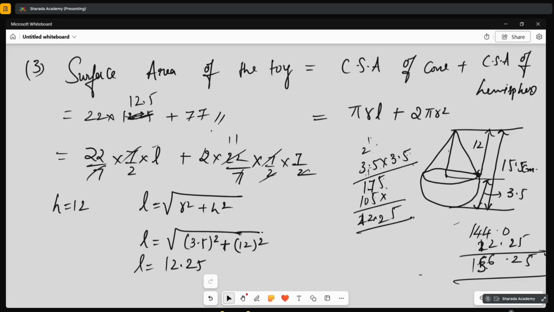Do the fourth one. You can take 11 common and add. Now what is the area you will get?